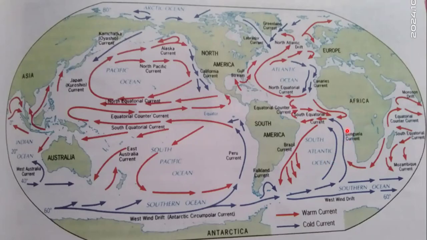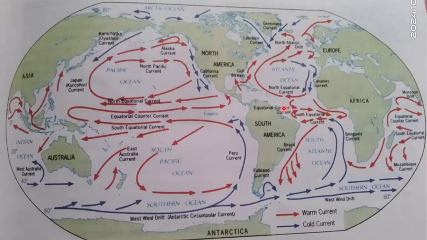For example, the equatorial current, as it flows, is obstructed by the Brazilian coast, and this forces the equatorial current to get bifurcated into two.